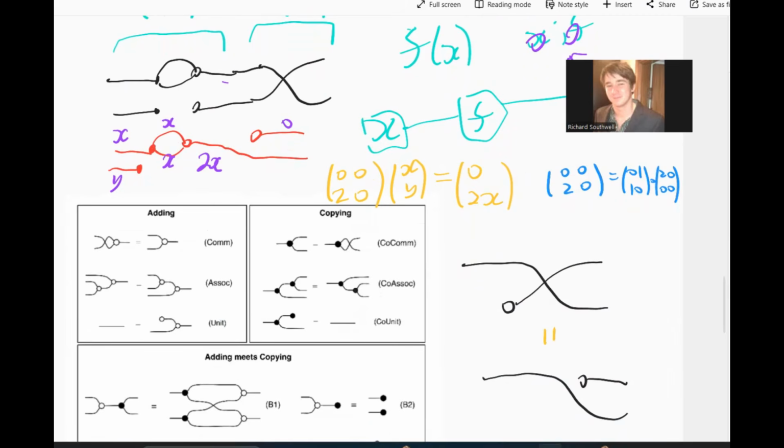And basically, what I want to talk about in this video is looking at linear algebra from this sort of graphical point of view. And I actually had in mind to study a particular example that I've been interested in for quite a long time, which has to do with some symmetries.